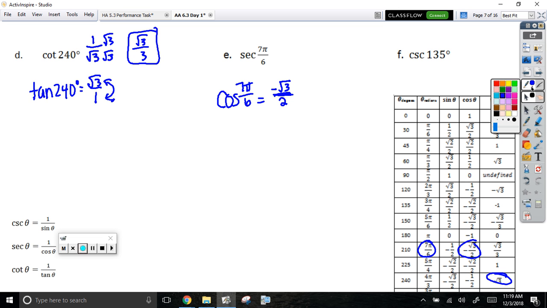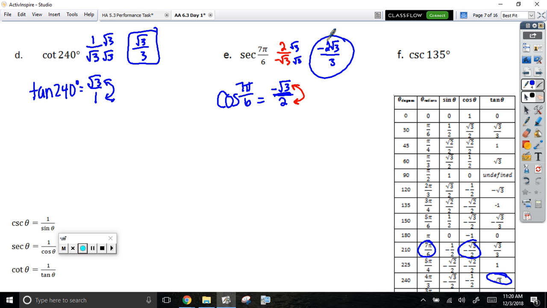So now we will take the reciprocal of that, which will get me 2 over negative square root of 3. And then we must rationalize. So we'll get negative 2 square roots of 3 over 3. The negative could go in the numerator, the denominator, or out front. It doesn't matter. And then the last one, the cosecant, is the reciprocal of the sine function.